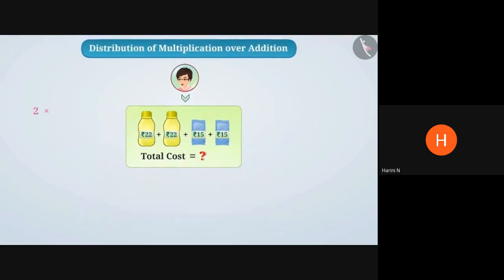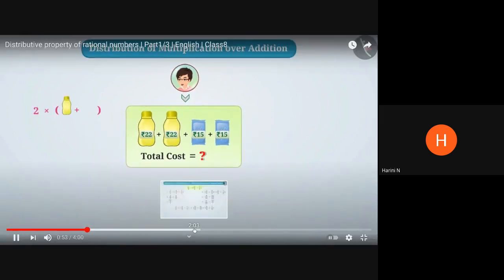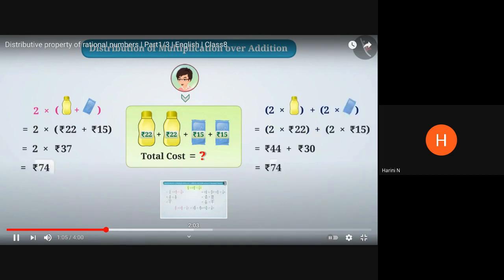You can double this by adding the cost of a bottle of juice and cost of chocolate, or you can add them by finding the cost of two bottles of juice and the cost of two chocolates separately. In both cases, you will get the same result. We can say that 2 multiplied by (22 plus 15) is equal to 2 multiplied by 22 plus 2 multiplied by 15. Here, the distribution of multiplication over addition is done.